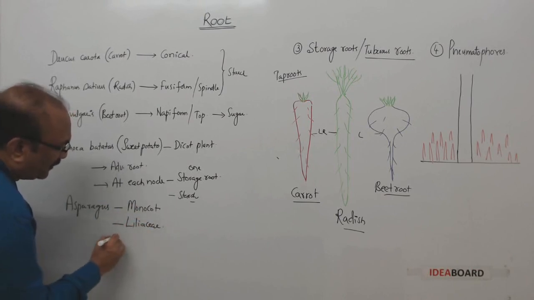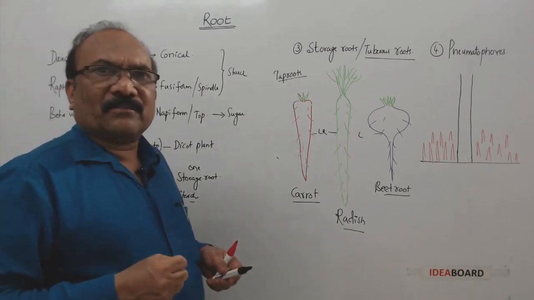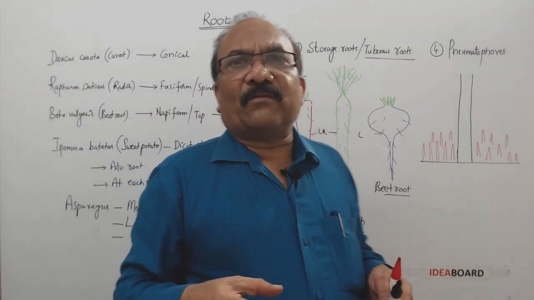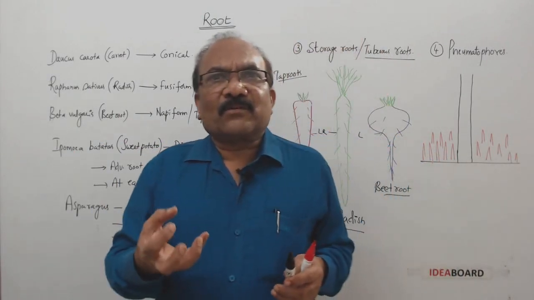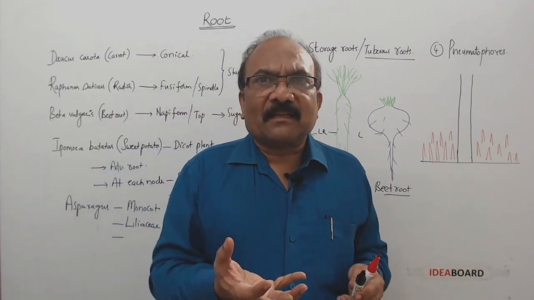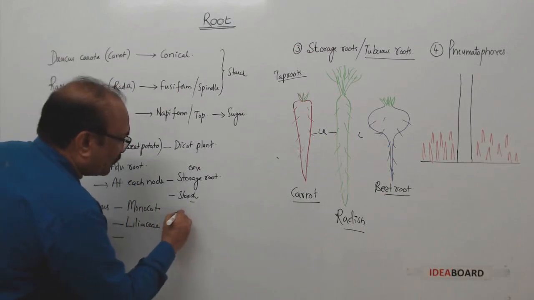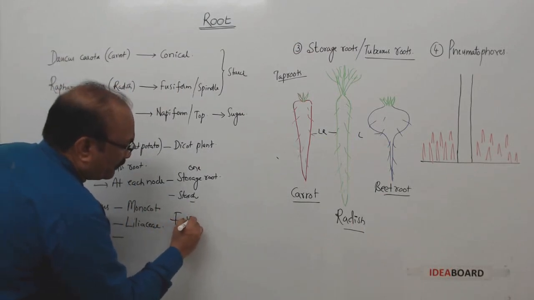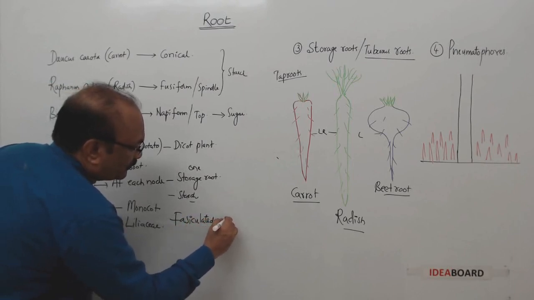It has a cluster of roots, and every root will store food material. So you will find a bunch of storage roots, and this bunch is also called what? Fascicle. That's why the roots in asparagus are called fasciculated roots.